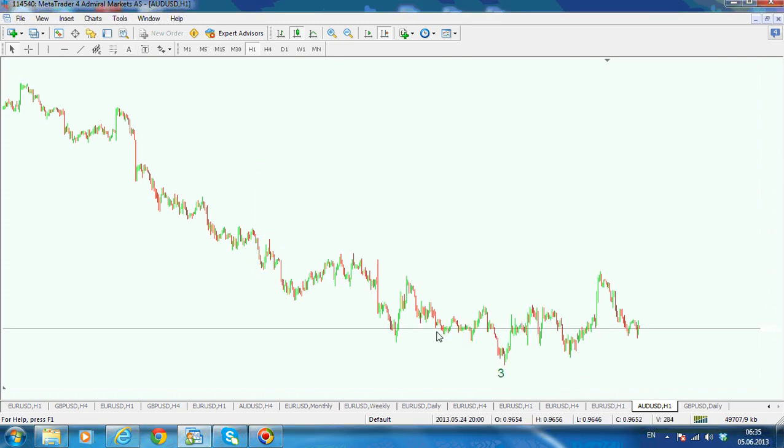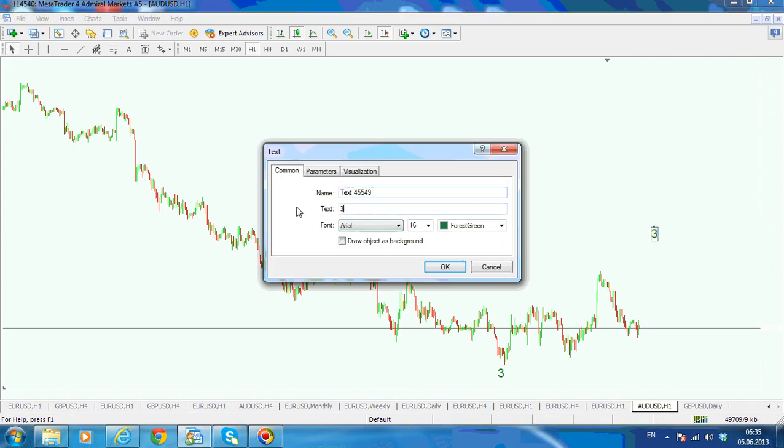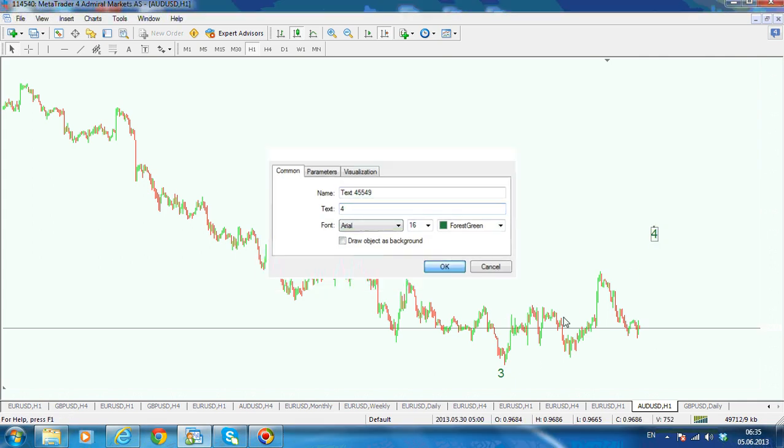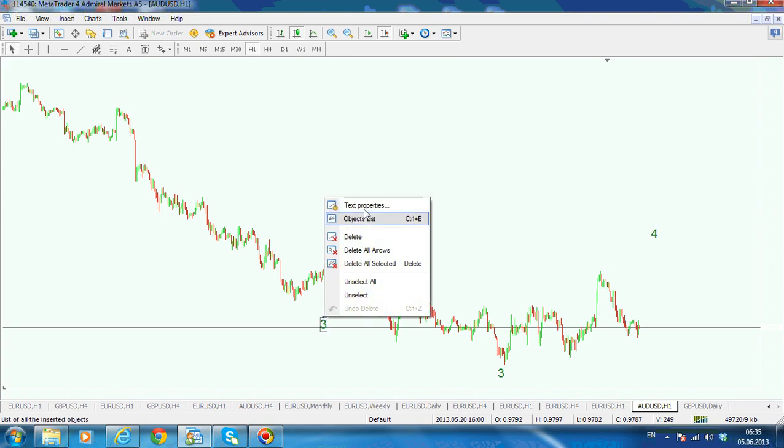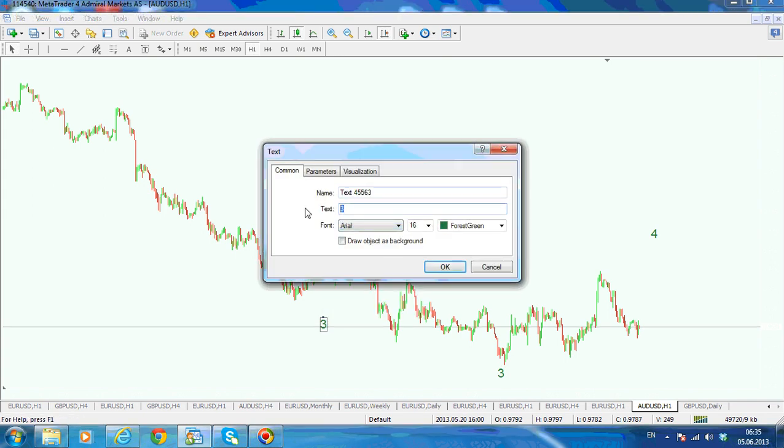And then you're looking for a fourth wave to end this move, to correct this move. Now, everything that you have until this third wave to the downside here should be of a smaller degree, so something like this, of a smaller degree.